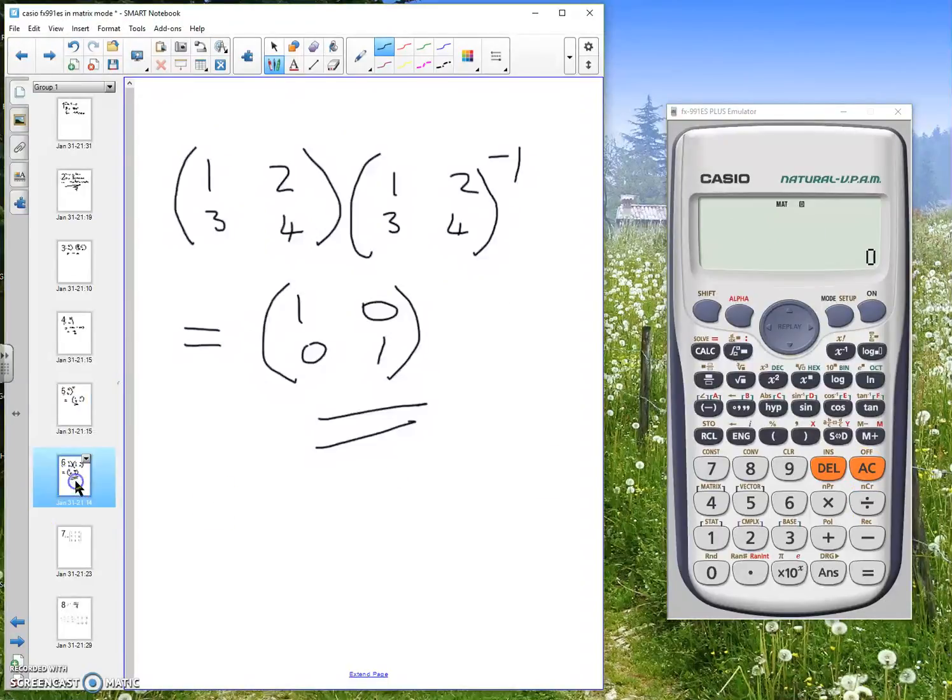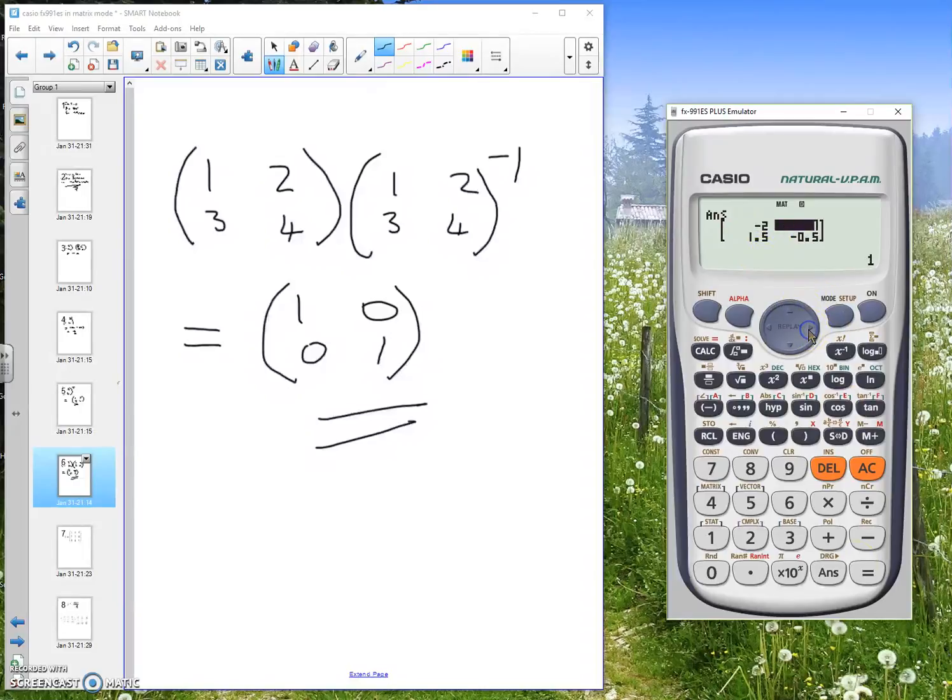Okay, the next operation to illustrate is finding the inverse of a matrix. So the inverse is achieved by selecting the matrix 3 and using the reciprocal key x to the -1 and pressing equals. This is now the inverse of the matrix.